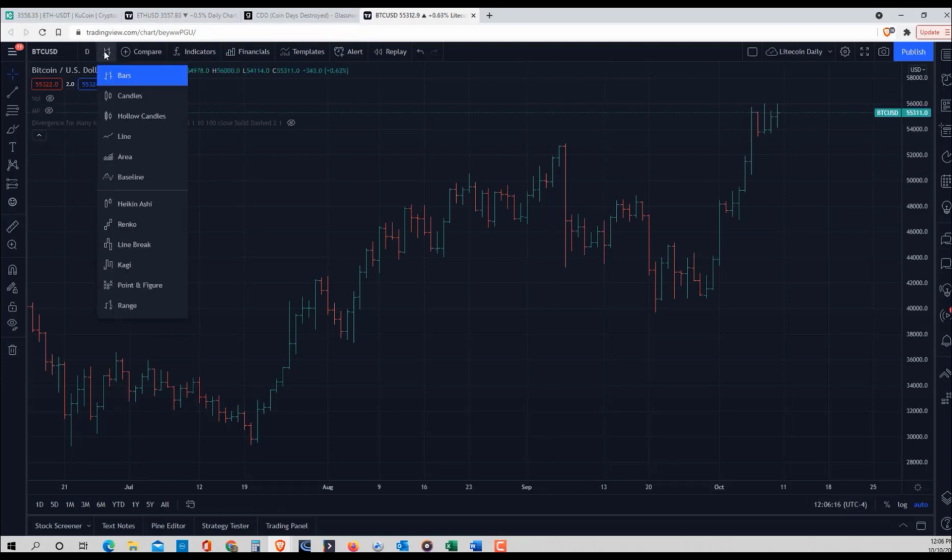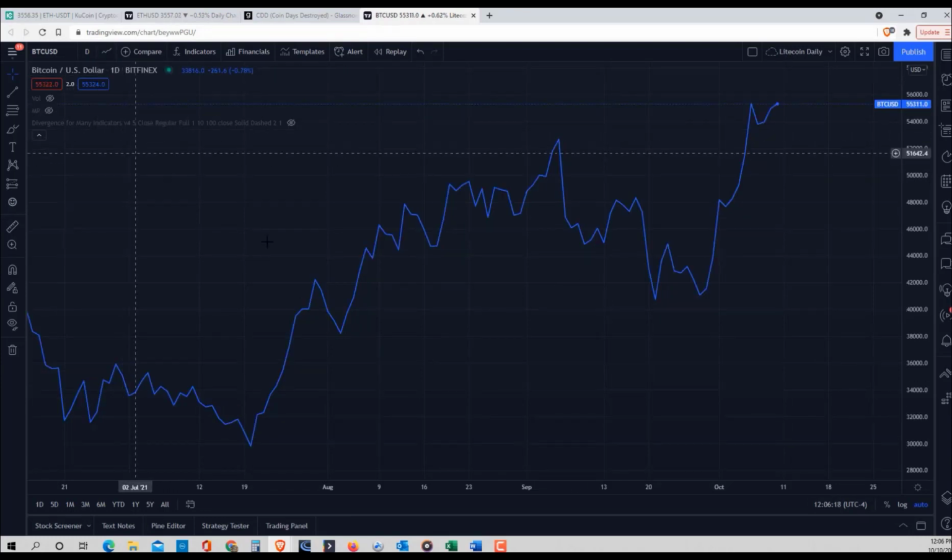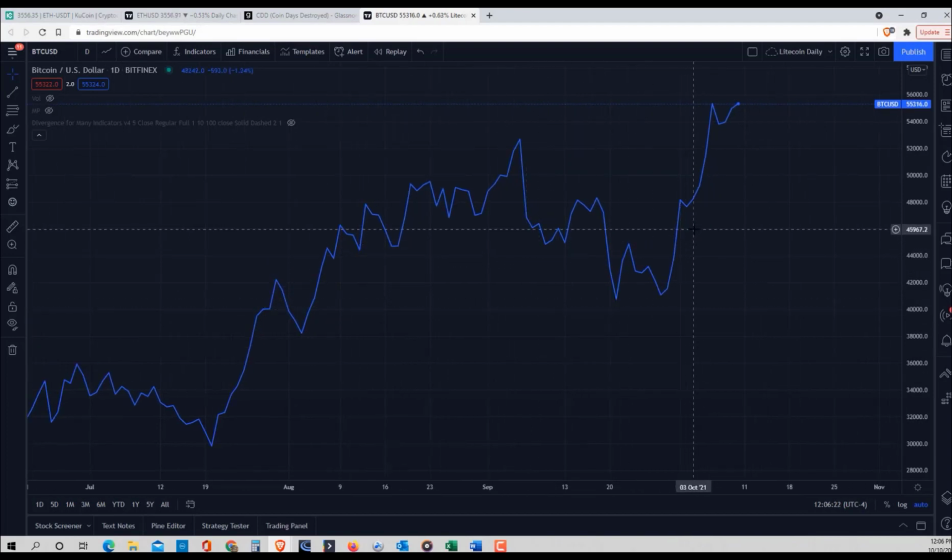So the next chart type is called the line chart. Now, the line chart is very interesting and one that I look at, but I tend to look at other types of charts, which I'll cover in another video. The line chart is essentially a graph of only the closing prices. So it gets rid of the highs and gets rid of the lows and gets rid of the opening price and just plots the closing price.